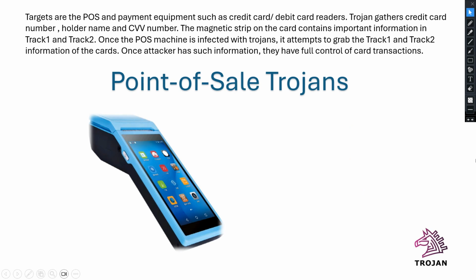Okay, now we have point of sale Trojans. Point of sale Trojans means POS. Nowadays, you go for a meal in a restaurant, and at the time of payment you remove your credit card from your purse and ask the shopkeeper to swipe the card.